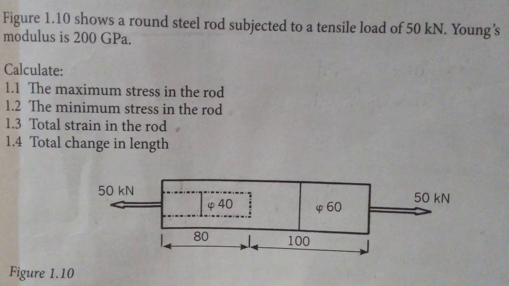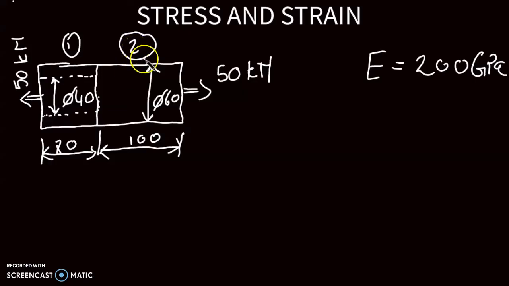This is the information that we are given. We're given this member and the force that it's applied, the tensile force that is applied is 50 kilonewtons. We're given the length of this. We're going to name it member number 1. Because they have two different cross-sectional areas, we're going to divide them into 2 and treat them separately as 2 objects.